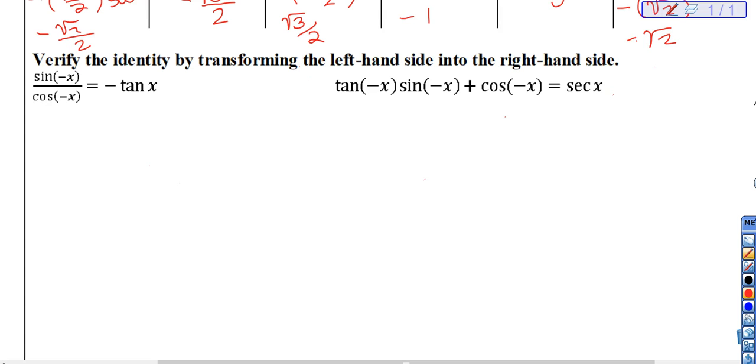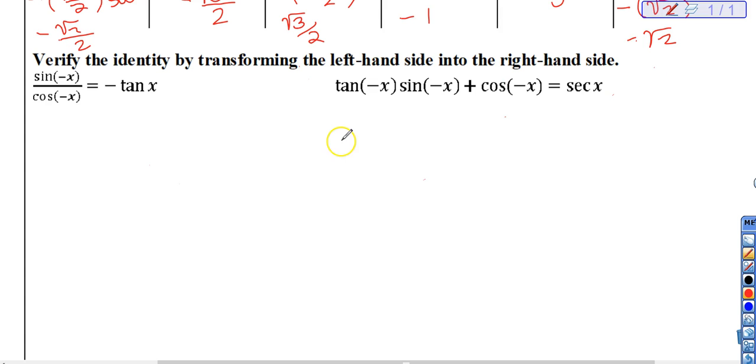Always. Step 1. If you have a negative theta, deal with it. Apply the even or odd identity, and then decompose and do all the other things that you know how to do. Use your Pythagorean, reciprocal, quotient identities. Use your order of operations, all the things you know how to do.